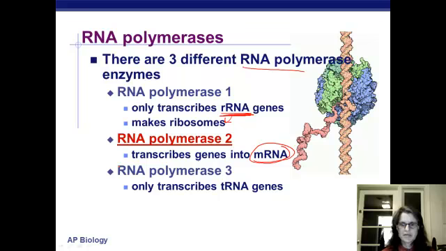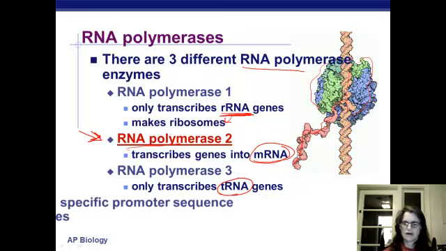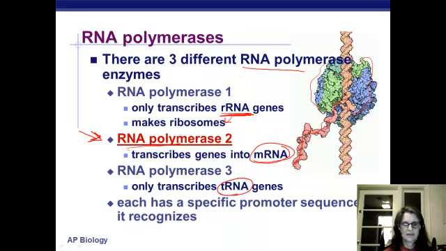RNA polymerase 3 only transcribes those genes that are going to make tRNA, and we'll talk about the importance of that shortly. What we're going to spend most of our time on, though, is RNA polymerase 2. What you see in this diagram is the RNA polymerase running along the double helix, and here comes RNA being squirted out the side, if you will.